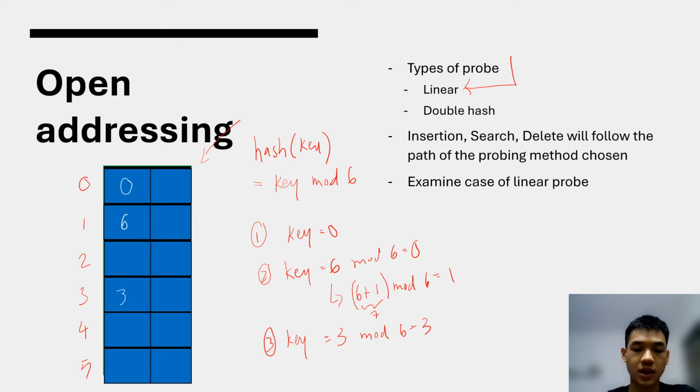And for the case of delete, say now 12 is inserted here, and I want to delete key 6. The idea is the same as the path that I travel.